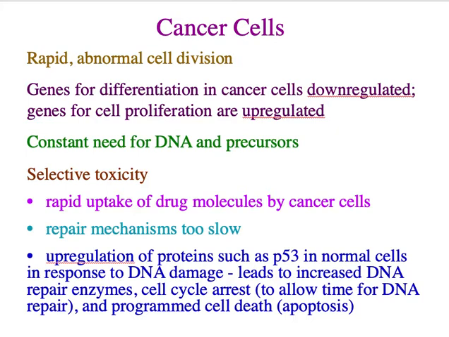But either way, a lot of times DNA repair mechanisms are slow. The enzymes that proofread and repair DNA are slow. And so we try to take advantage of that.